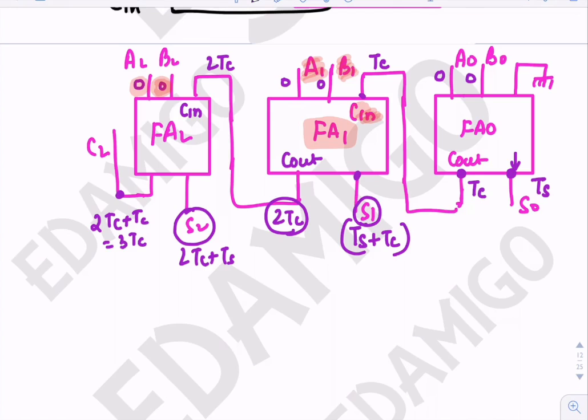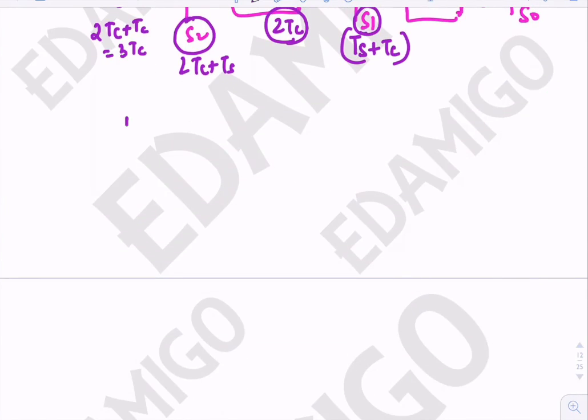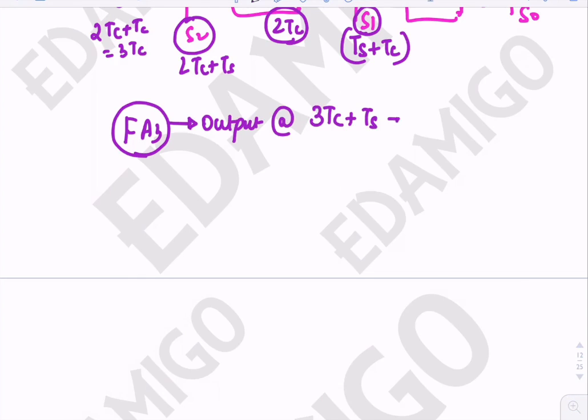Okay, now when this is applied to full adder 3, full adder 3 will produce the output at 3tc plus ts for the sum bit and 3tc plus tc for the carry bit.